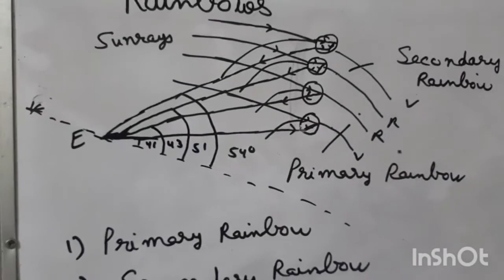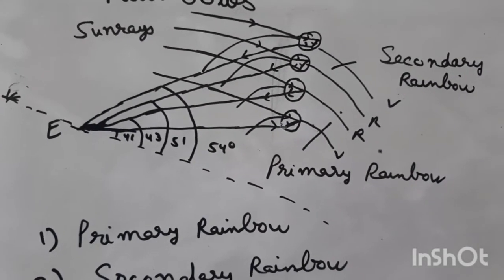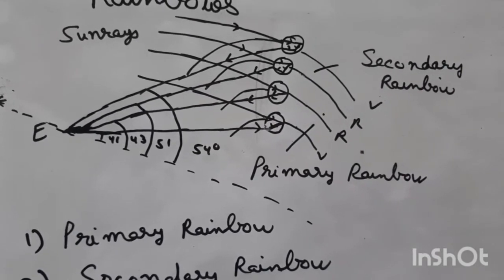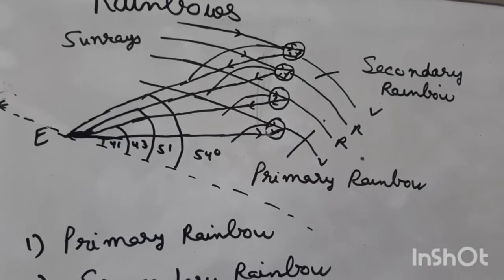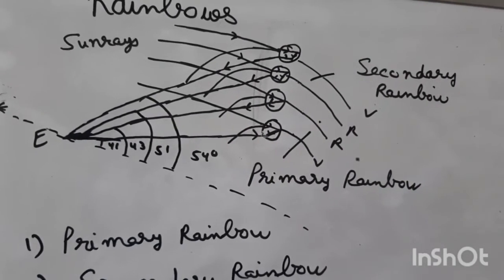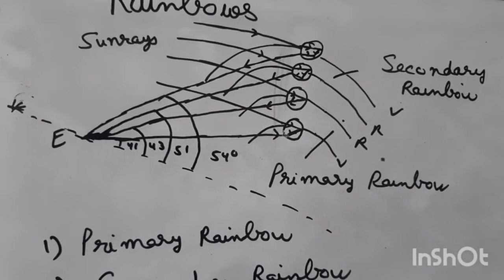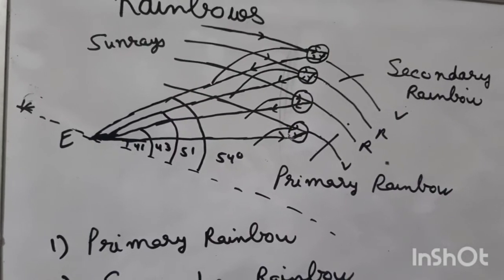Now here I have mentioned the different angles of deviation of the primary rainbow and the secondary rainbow. These are the minimum deviation. It means that if the light coming on the raindrops comes to the eye at these angles, only then will we be able to observe the rainbow.